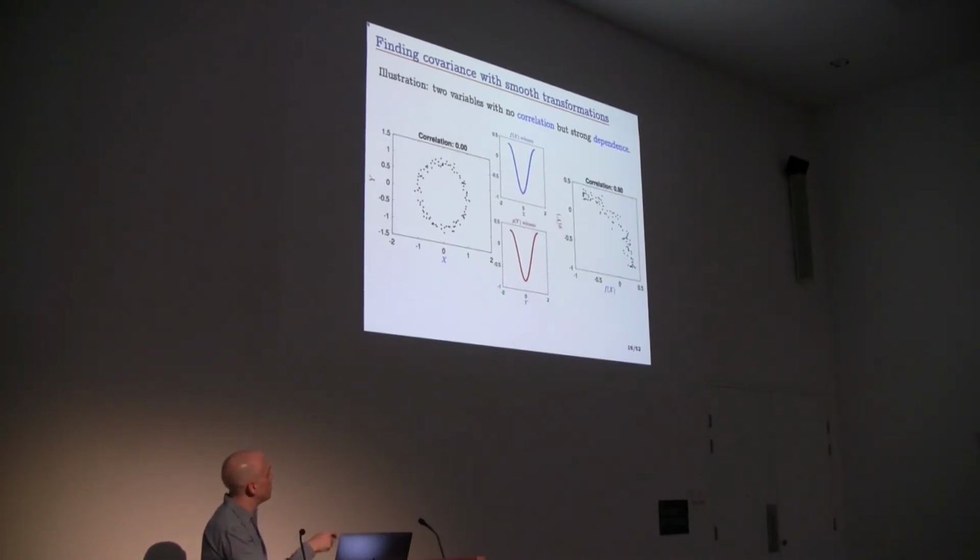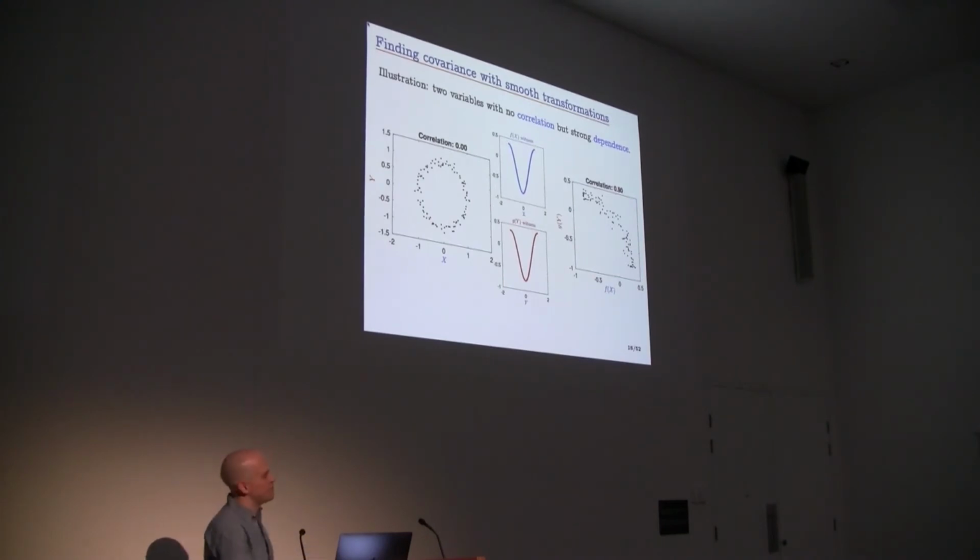And I could choose these smooth functions such that once I've mapped my x through this function and my y through its corresponding function, I get a strong linear correlation. If you have a practitioner, they might be a lot happier with this, because they could say, well, I know that these are dependent because if I pass my two variables through smooth, simple functions, they have a strong linear correlation. That's something that's a lot more interpretable, I think.